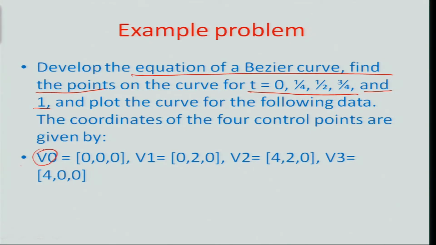Coordinates of 4 points are given, V0 to V3, and these are only a two-dimensional curve, because you can see the z coordinate is 0, so basically the curve is on the xy plane, and we want to find out the functional fit between these points, and also map the corresponding values for the different values of t.